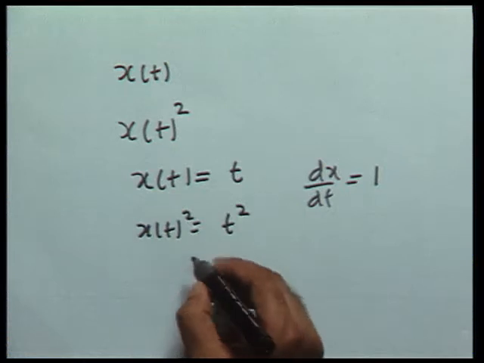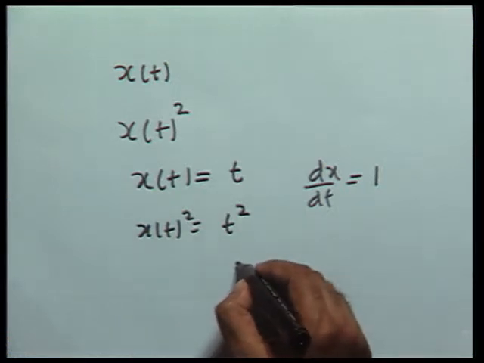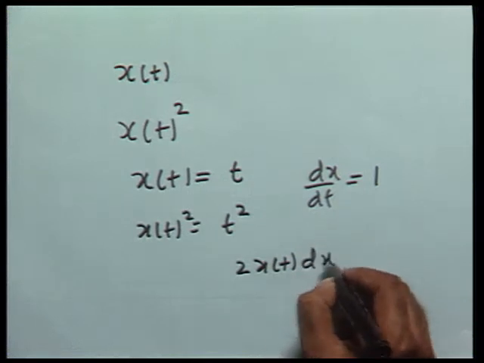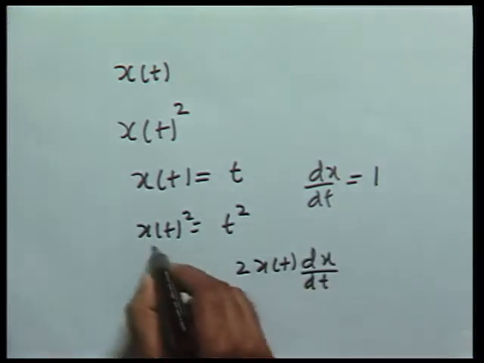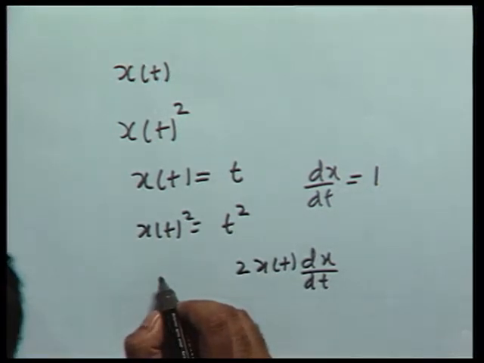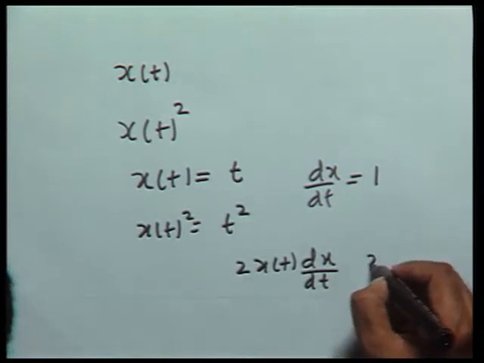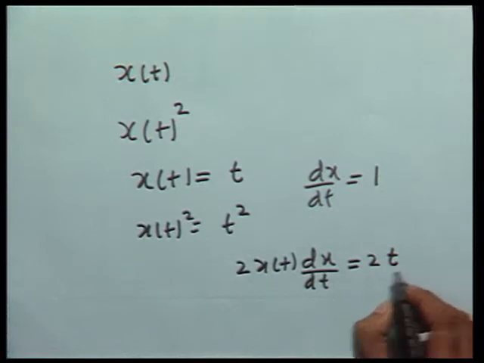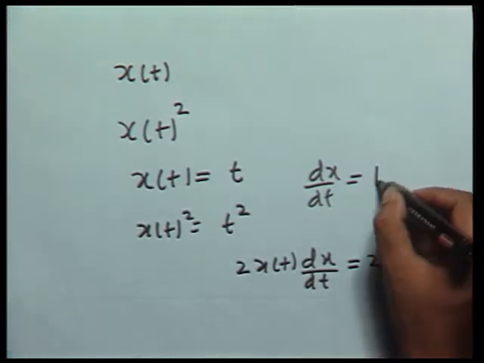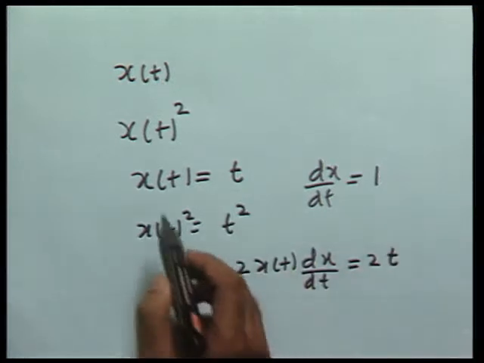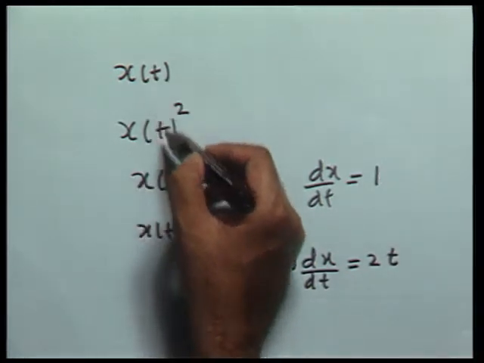Over here, by the chain rule, you would get twice x(t) into dx by dt. That would be the derivative of this expression with respect to time. Well, actually, that's going to be equal to just twice t. And you can see that twice t is not the square of 1 for various values of t.